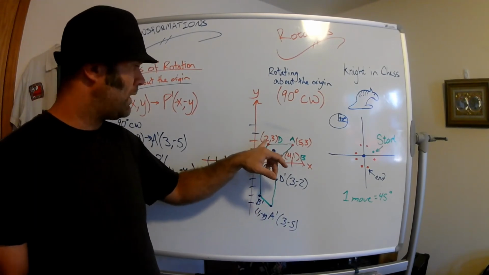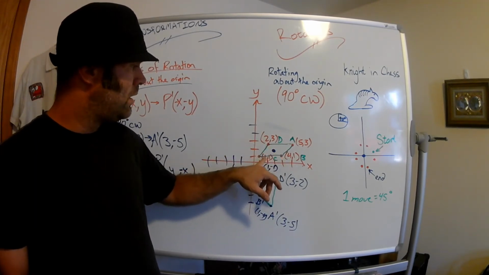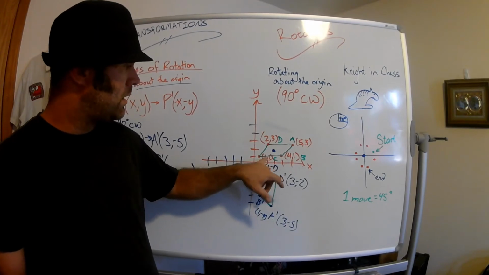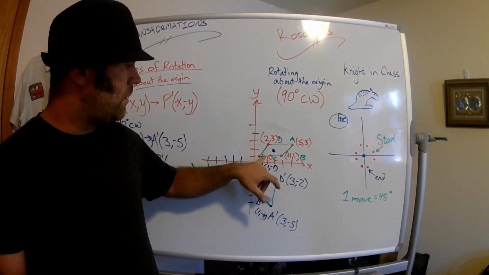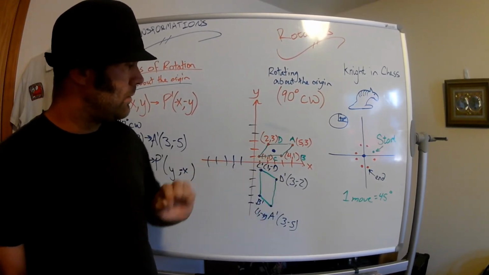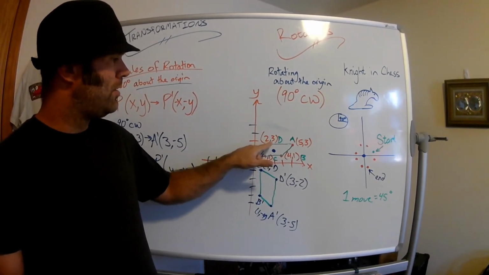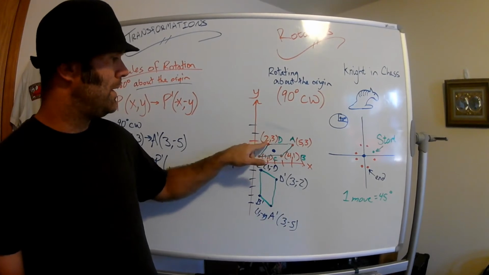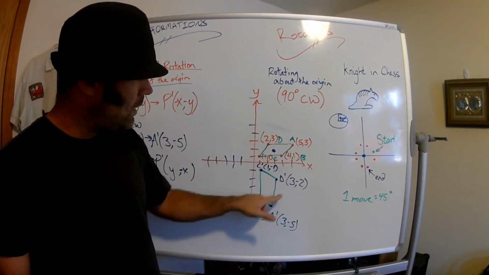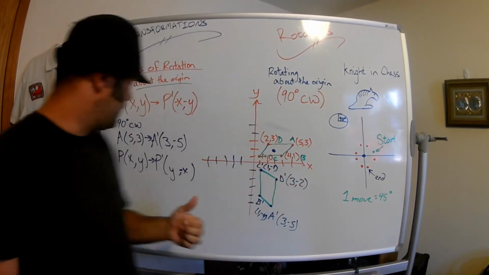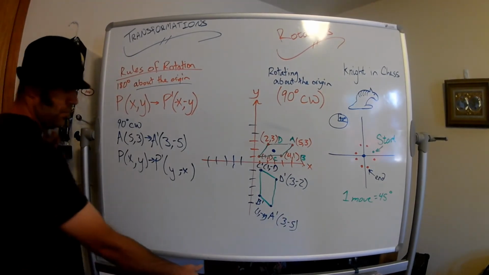And then we've got y comma negative x for C, 1 comma negative 1. And then for D, y comma negative x, 3 comma negative 2. So that's the rule, and that is the correct rule.